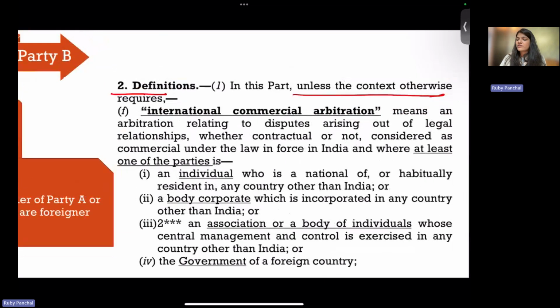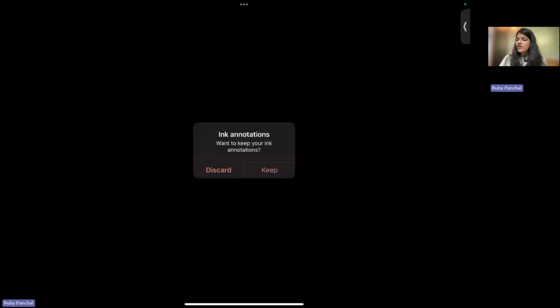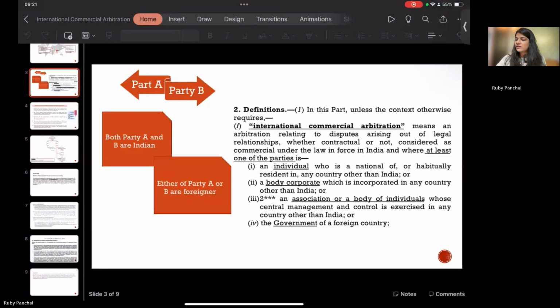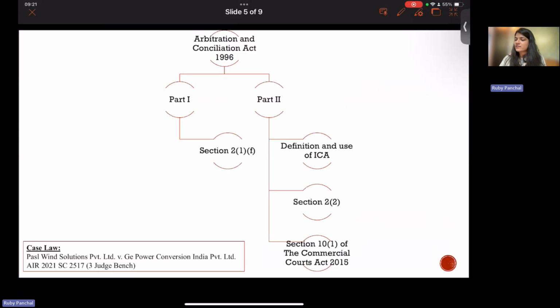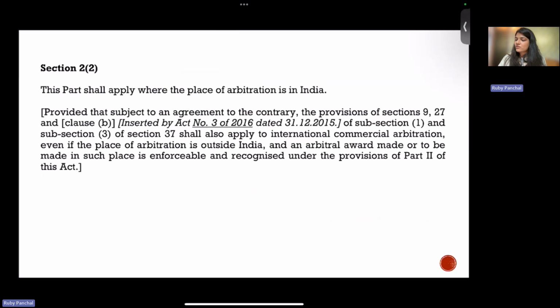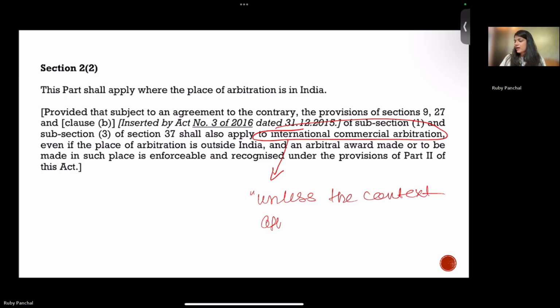Unless the context otherwise requires, international commercial arbitration shall be defined differently. And the Supreme Court said that when we use international commercial arbitration under Part 2, it does fall under unless the context otherwise requires.